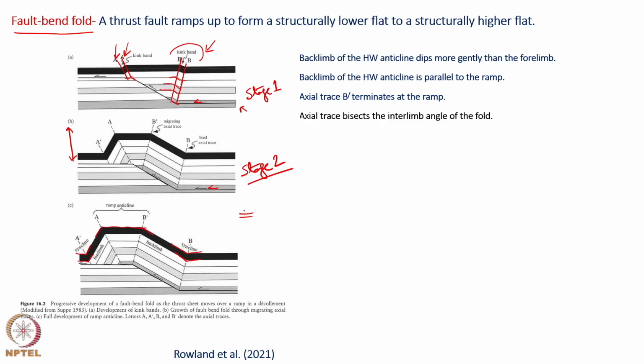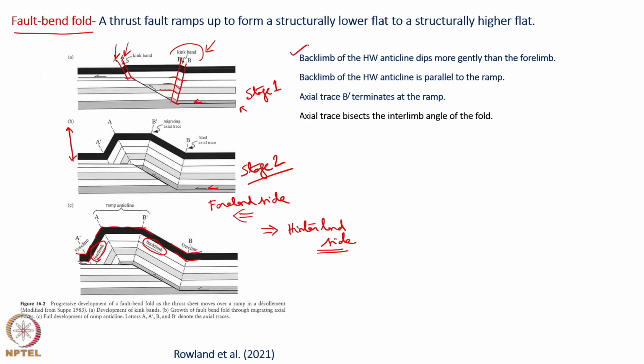As this is the tectonic transport direction, that is the foreland side and this side is the hinterland side, we define the term forelimb towards the foreland side of the folded layer within the hanging wall block, and the back limb towards the hinterland side within the folded layer of the hanging wall block.